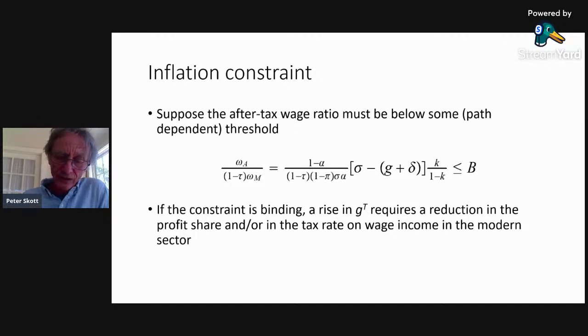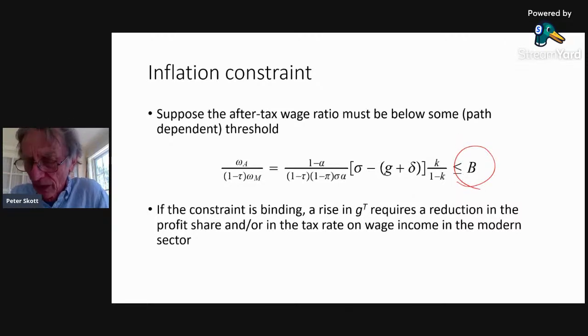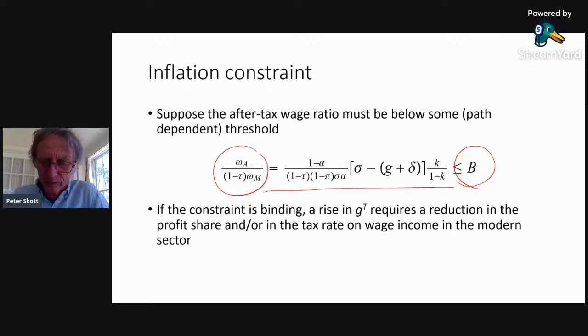The inflation constraint. If we have a path-dependent, some kind of ratio of relative incomes that is considered fair, and we need to keep the wage premium at least at that level, we can now depict the inflation constraint as the relative wage of informal sector workers has to be below this threshold.